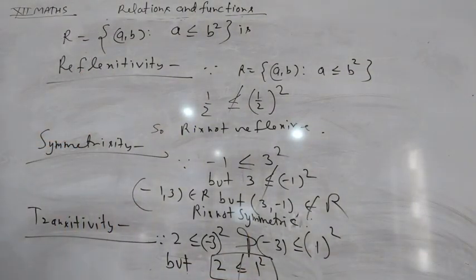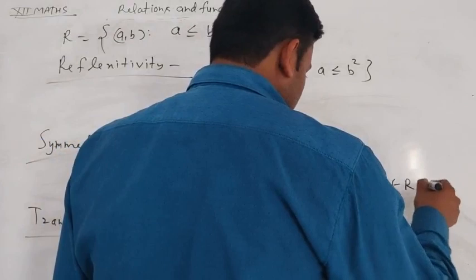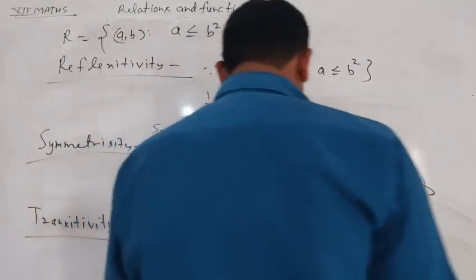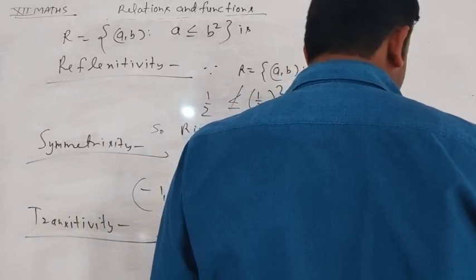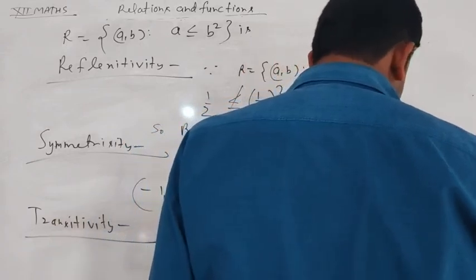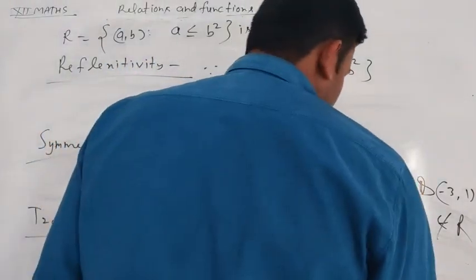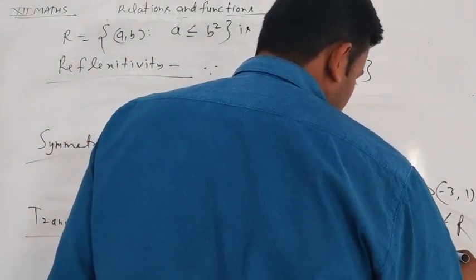Okay students, so either we can say that (2, −3) belongs to R, and (−3, 1) belongs to R, but (2, 1) does not belong to R. Okay, so student, R is not transitive.